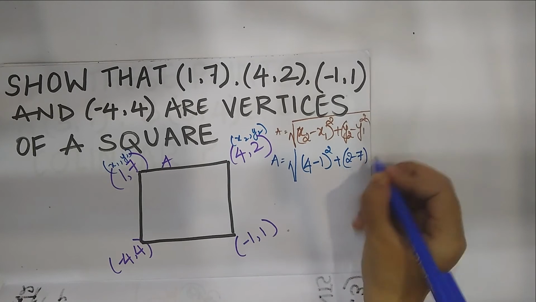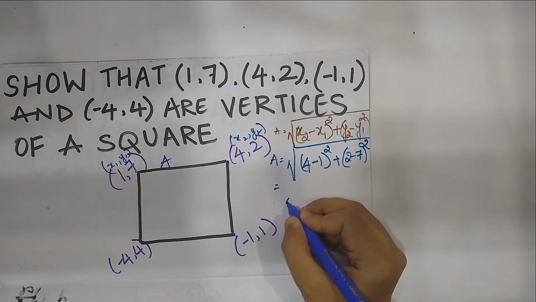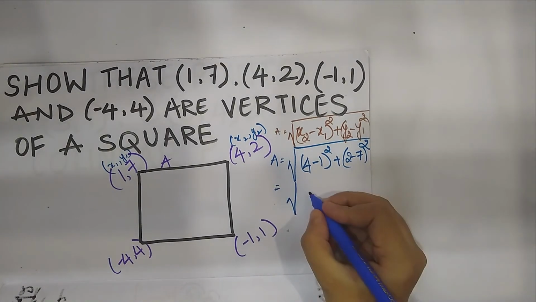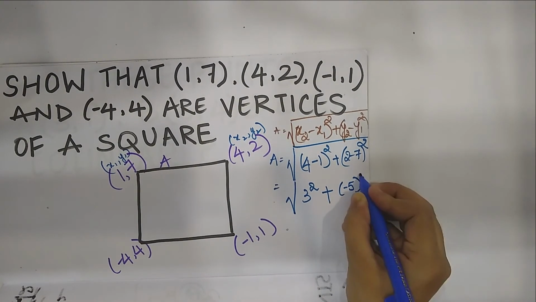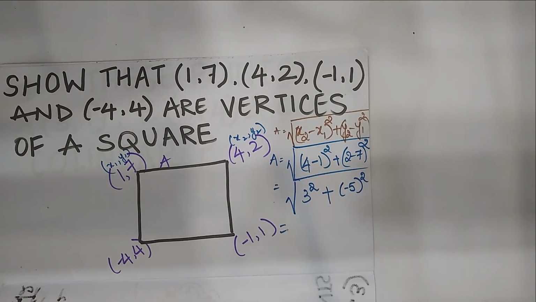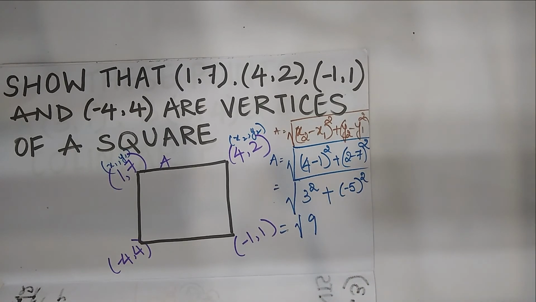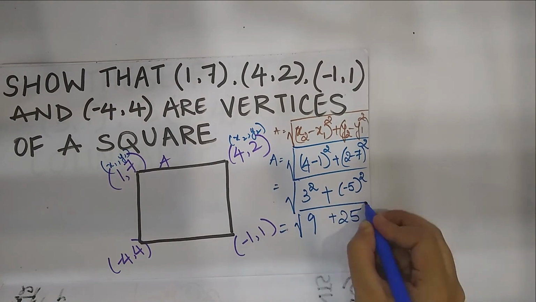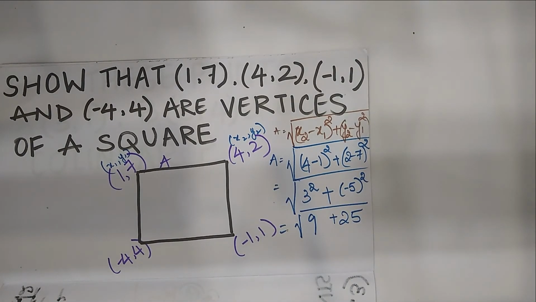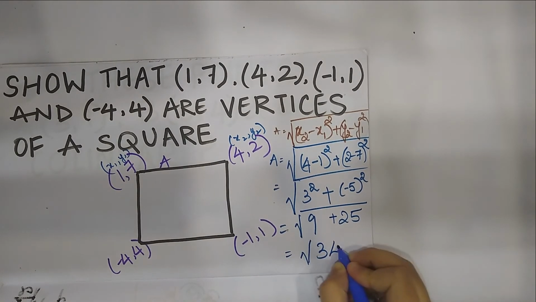That is all under root. So that will be equal to square root of 4 minus 1 is 3 square, plus 2 minus 7, which is minus 5, so minus 5 the whole square. 3 square is 9, and minus 5 square is 25. What is 25 plus 9? That will be square root of 34.